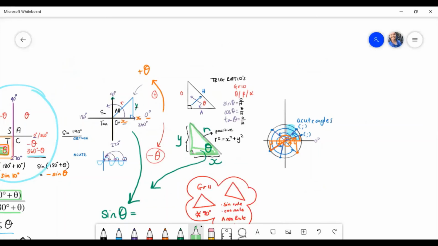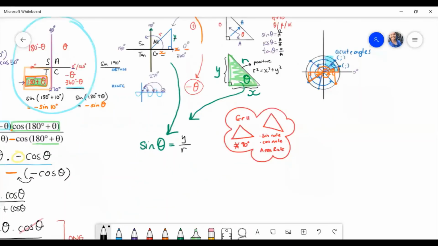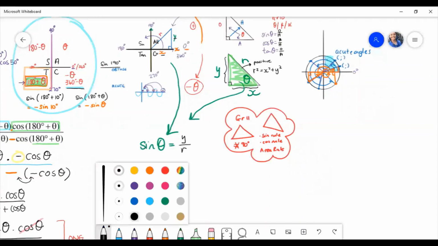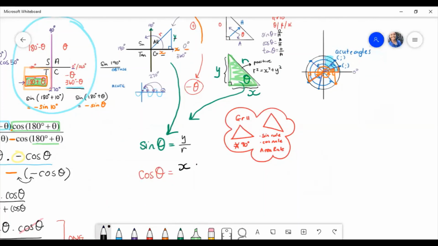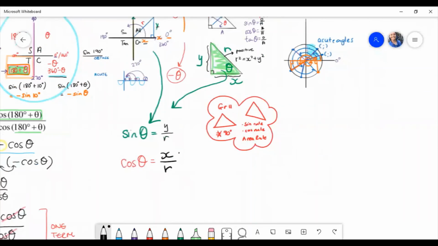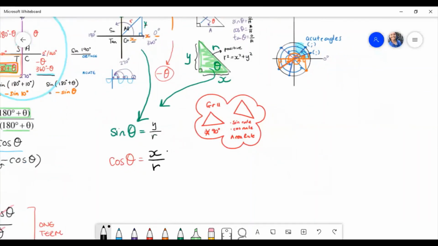But in that very same triangle, cos of theta is equal to x over r.